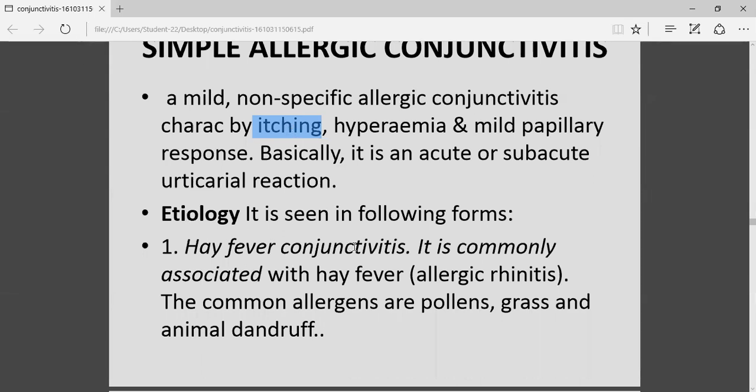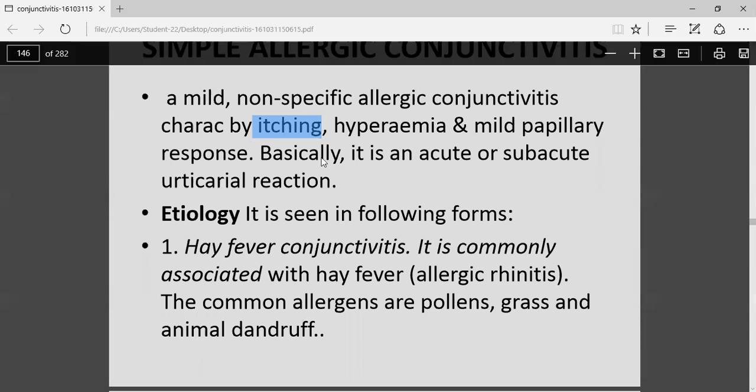Etiology: hay fever conjunctivitis, commonly associated with hay fever. We all know the running nose. This is a very common symptom of allergy to the different types of allergens like pollen, grass, and animal dandruff.